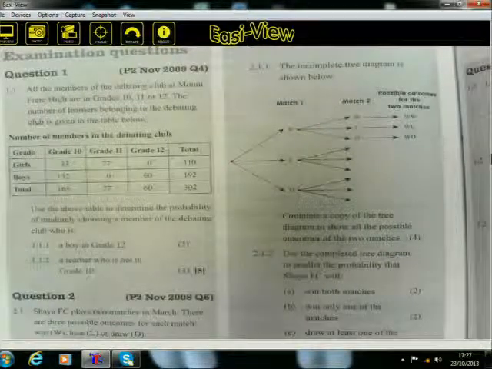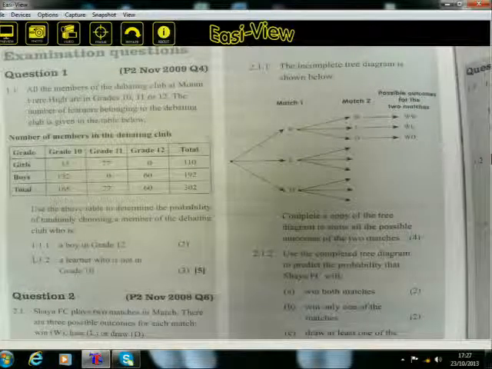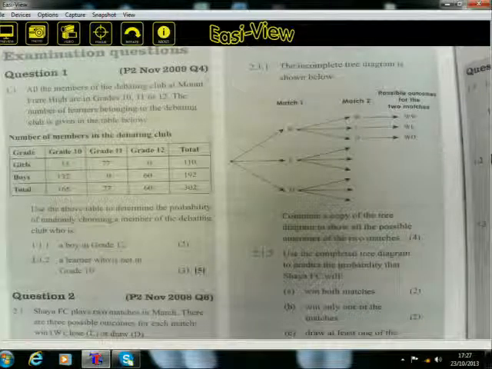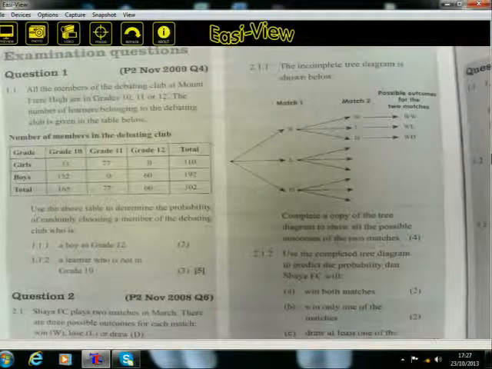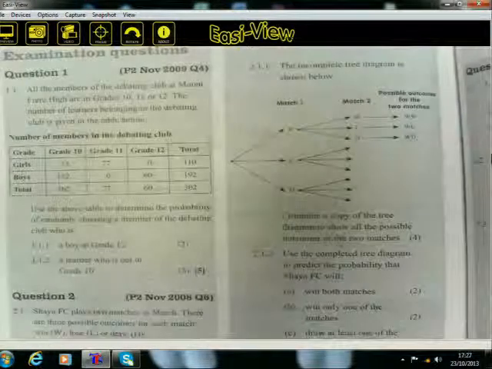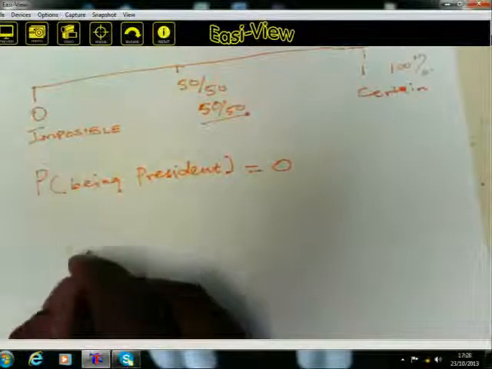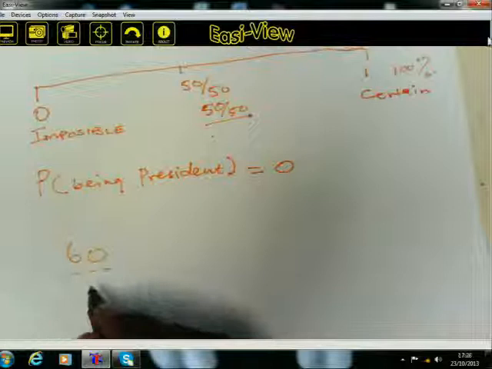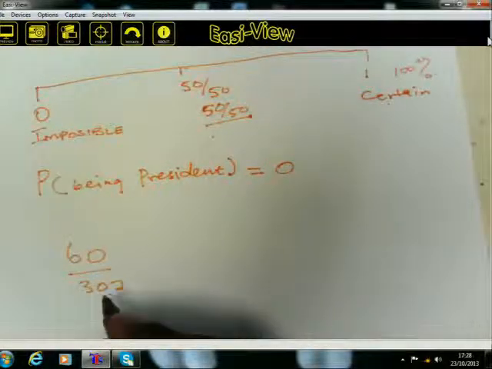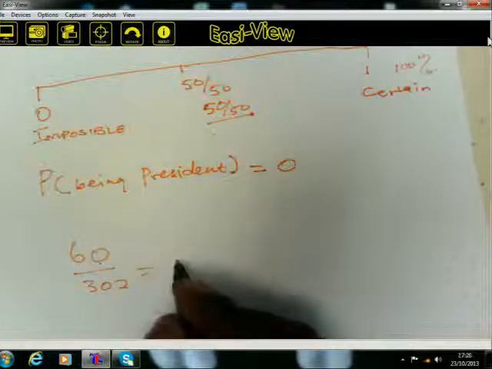And then you see it's 2 marks. We have to simplify it, which is 30 over 151. Let's check it. It is 60 over 302. Now how do you do it? You divide by 2 here.